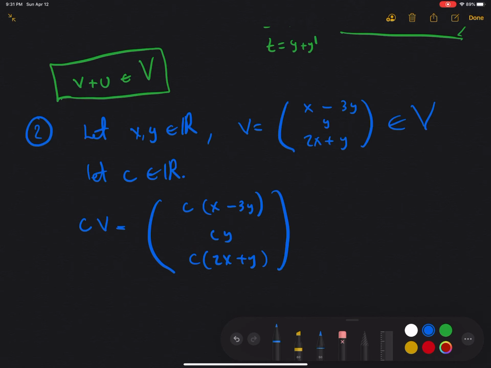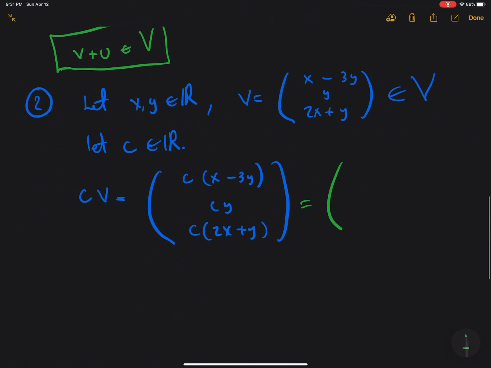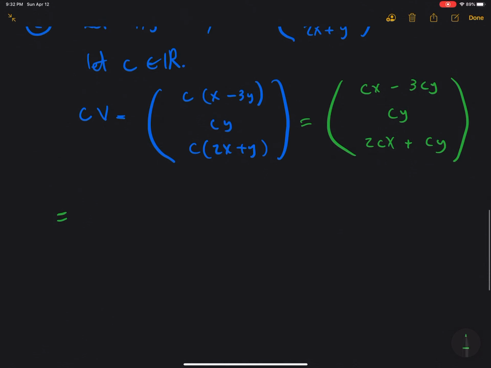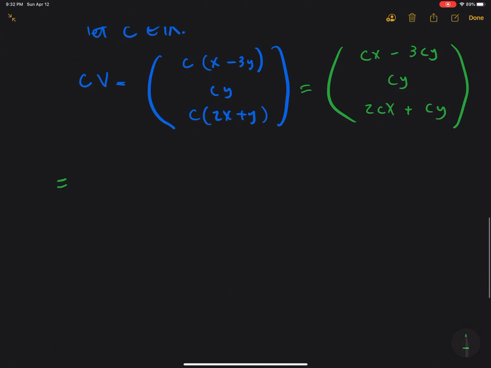So what we have in here is that I can distribute this, and then we will have cx minus 3 times cy, cy, and 2 times cx plus cy. And now I'll do a very similar trick as before. I'm going to relabel the parameters so I can see more easily that the result is actually in that vector space.